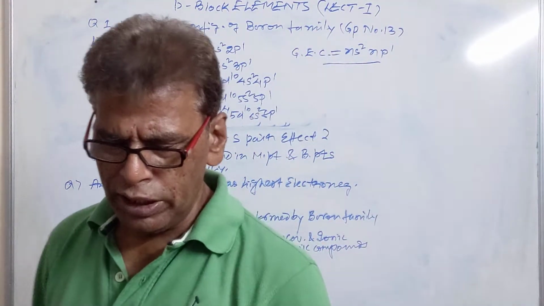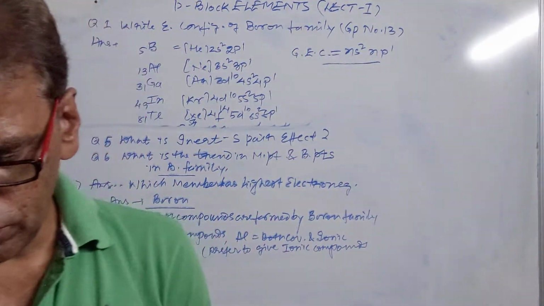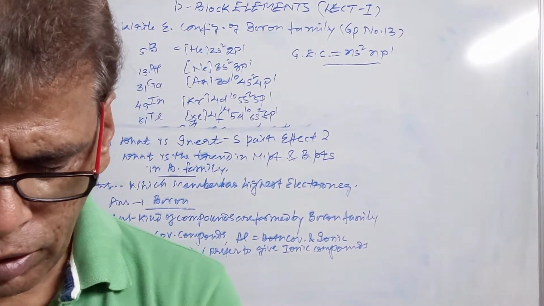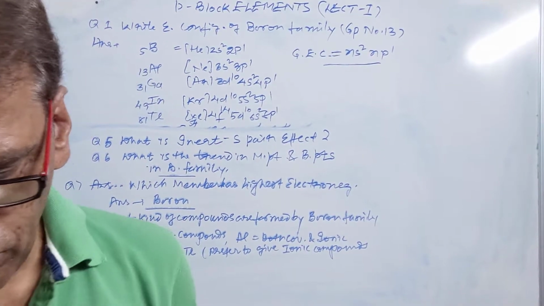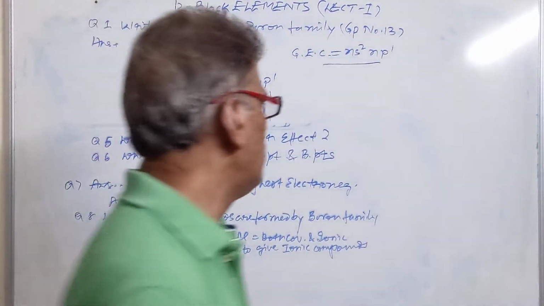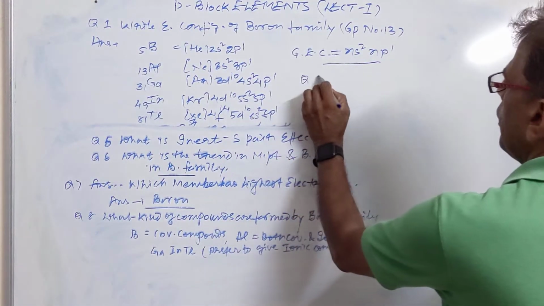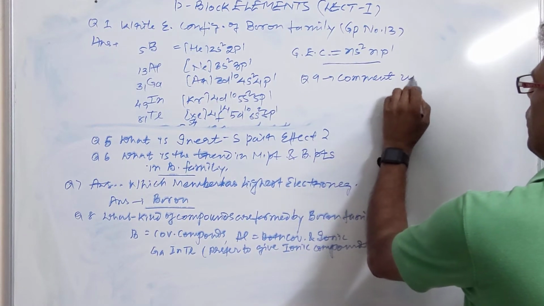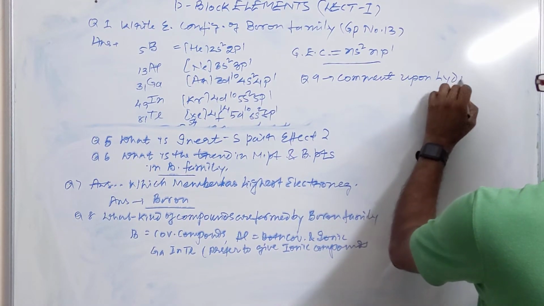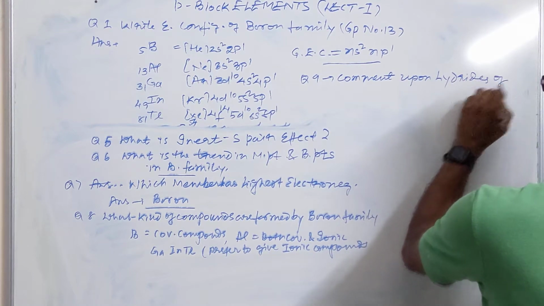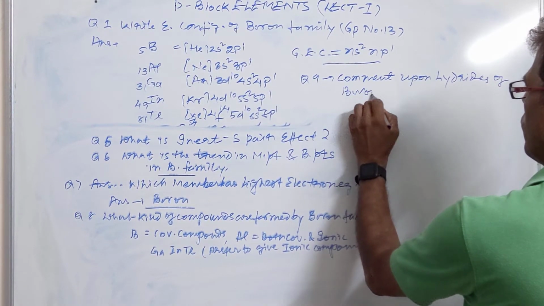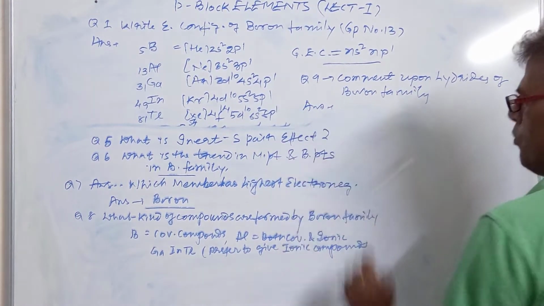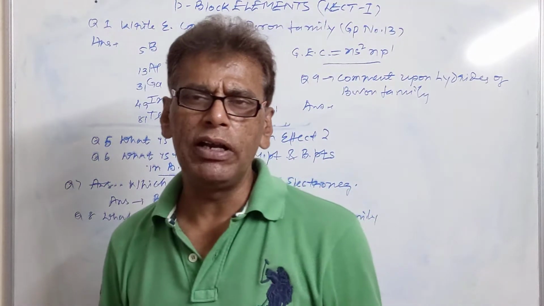This is our question number 8. Then we come to question number 9: comment upon the properties of boron family. Comment upon hydrides of boron family. All the members of boron family prefer to form trivalent hydrides.